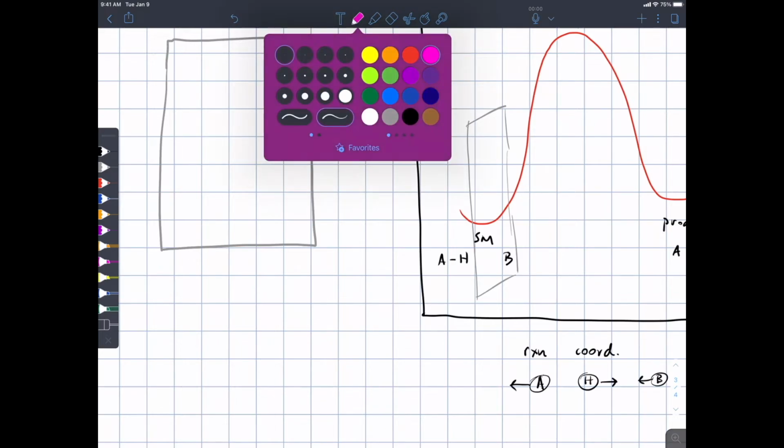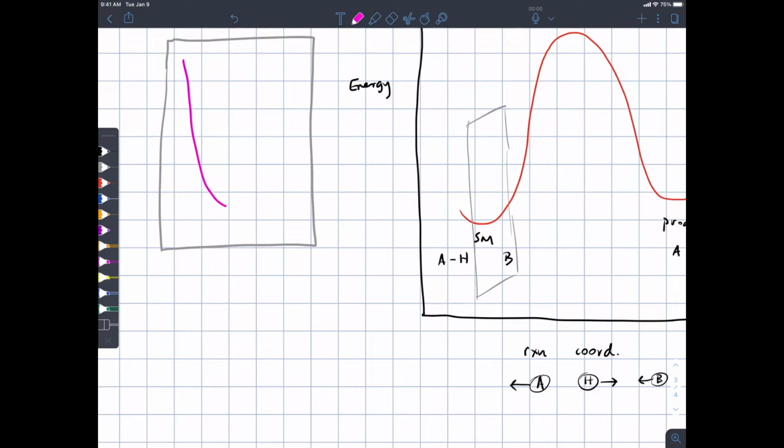In pink is going to be this vibrational energy level, and this is going to represent what's called a symmetric stretch, where hydrogen is here.